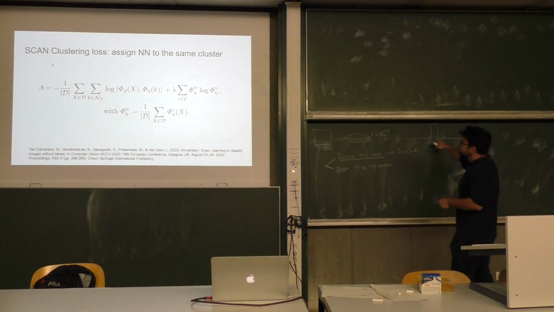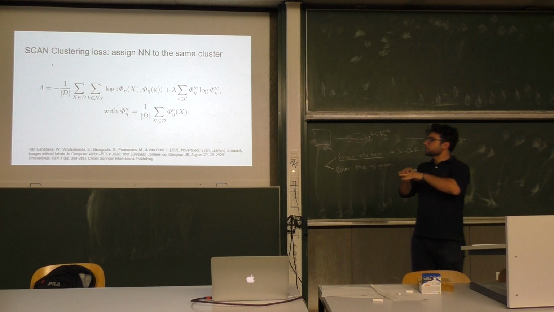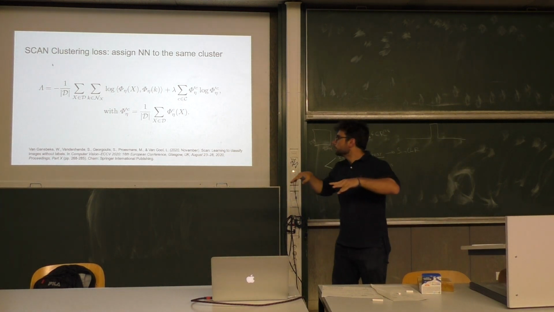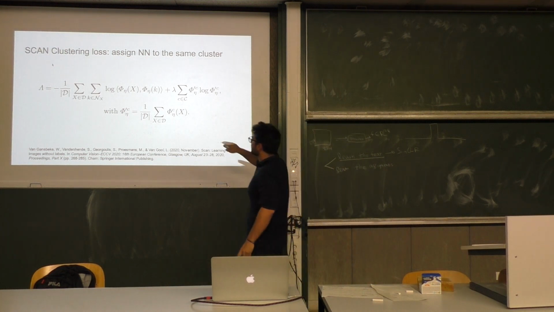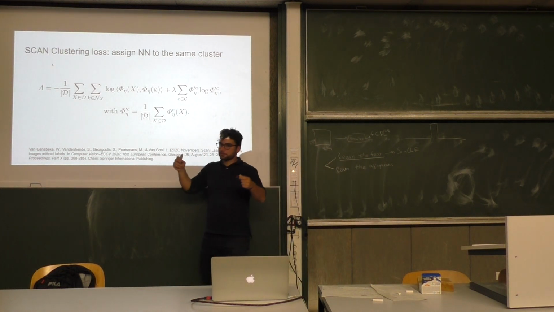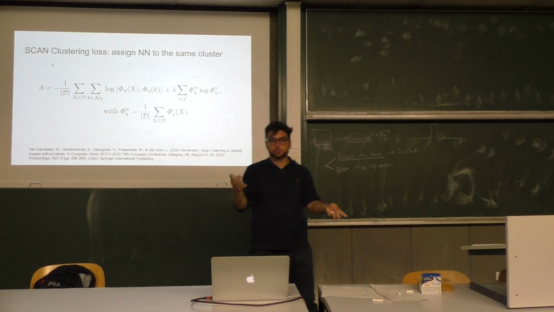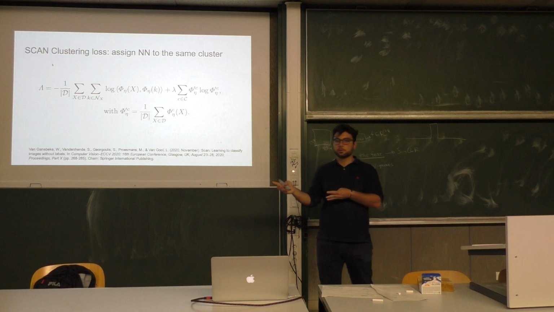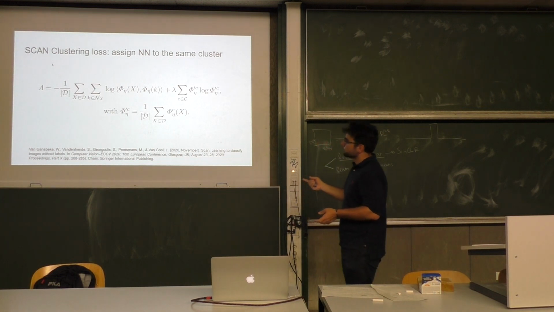They counteract the collapse by pushing the network to distribute its predictions uniformly. And this lambda is the parameter that controls this balance, which is very hard to achieve. So you can imagine that it's very hard to find a good value for this parameter lambda.